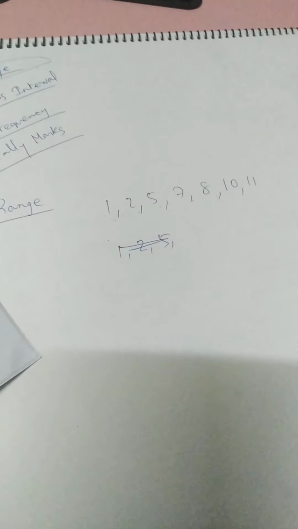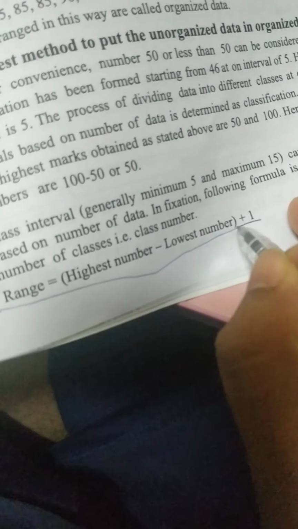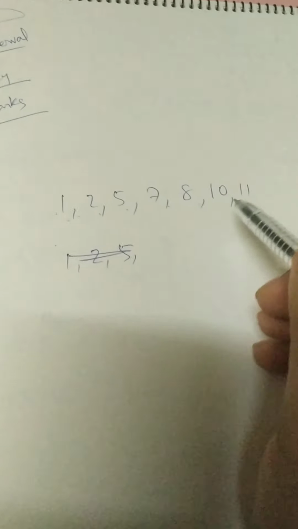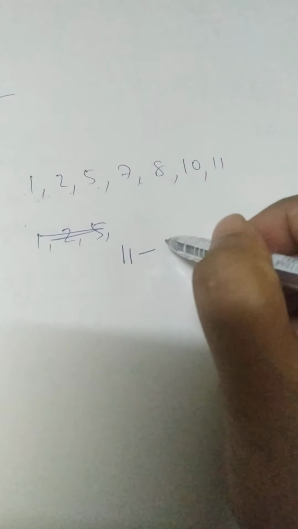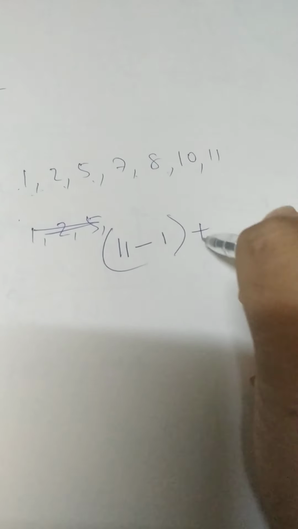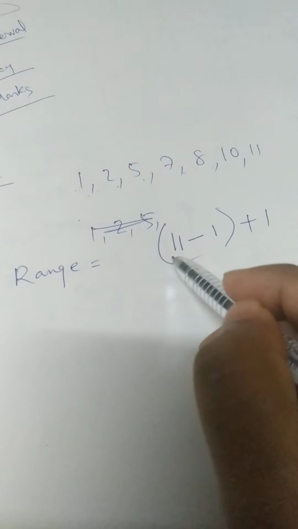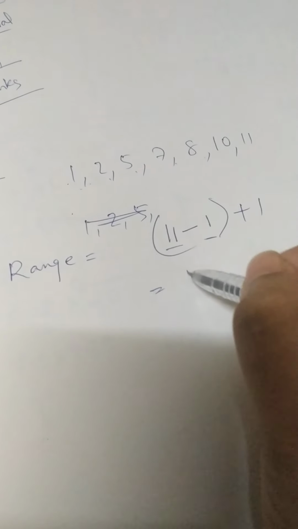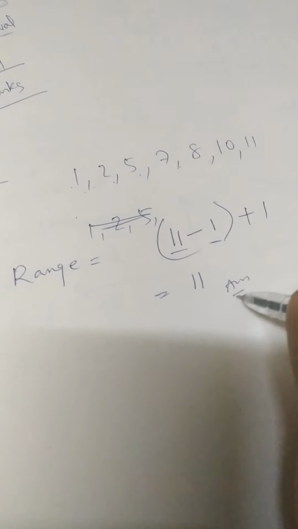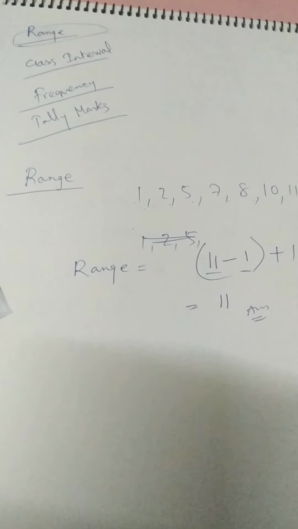That is very easy, there is a formula for that. Range equals highest number minus lowest number plus 1. Over here the highest number is 11, so 11 minus 1 plus 1. 11 minus 1 is 10, 10 plus 1 is 11. So the answer is 11. The remaining topics I will start discussing in our next class.